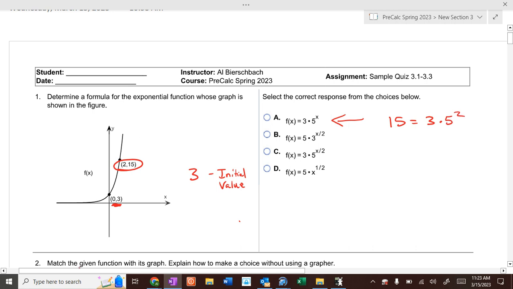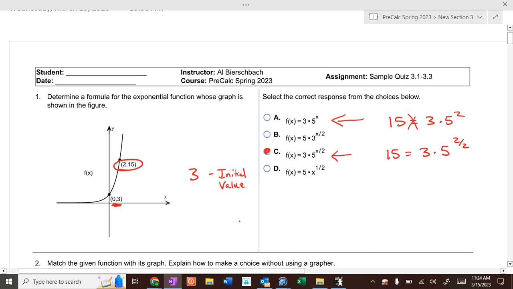And the answer is no, it is not. Okay, so then we have to look at this one. Okay, because it also has an initial value of 3. Is 15 equal to 3 times 5 to the 2 over 2 power? 3 times 5 to the first. Well, 3 times 5 is 15.